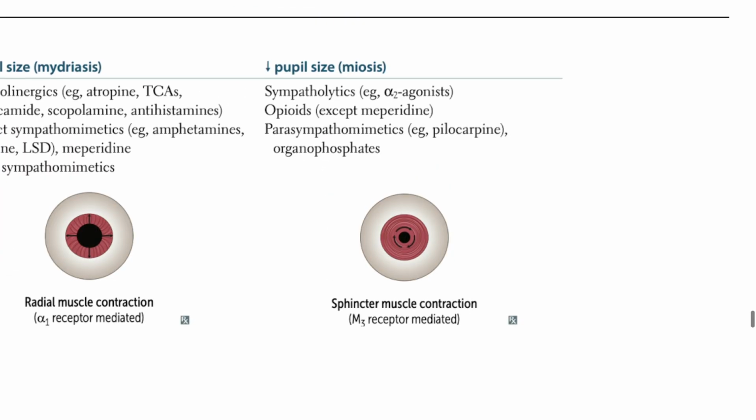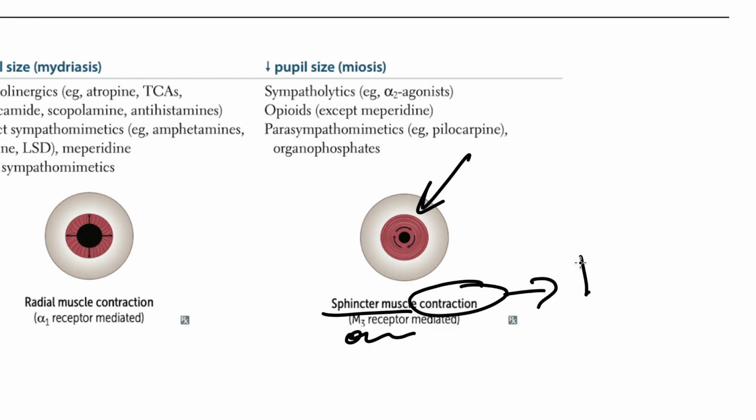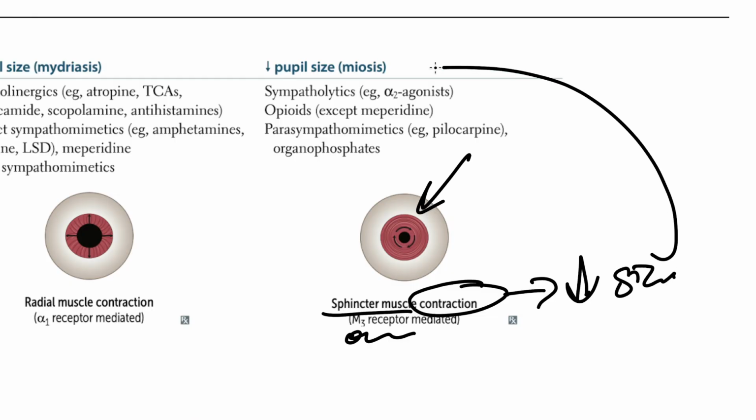This is the sphincter pupillary muscle right here, a circular muscle which has an M3 receptor on it. The contraction of the sphincter muscle leads to a decrease in the size of the pupil, known as miosis.